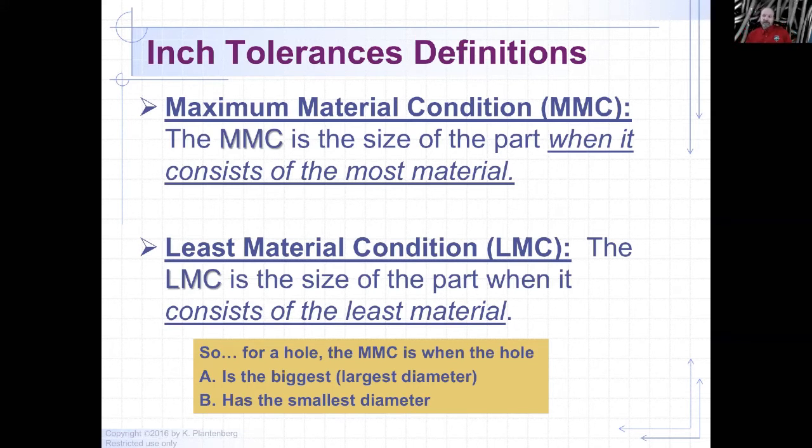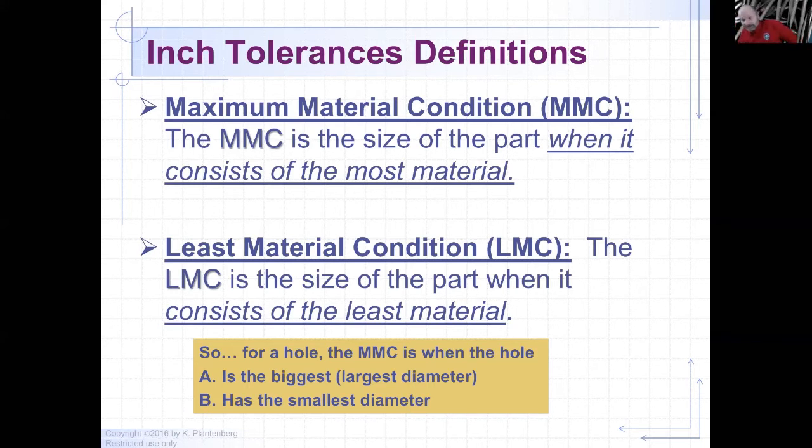And now let's think about a hole. When a hole is in its maximum material condition, is the hole going to be bigger or smaller than when it's in its least material condition? Right, the hole will be smaller, right? Because as the hole gets smaller, that means you have more material.